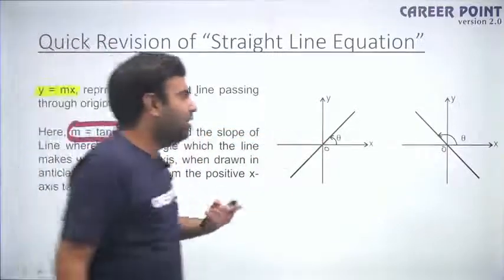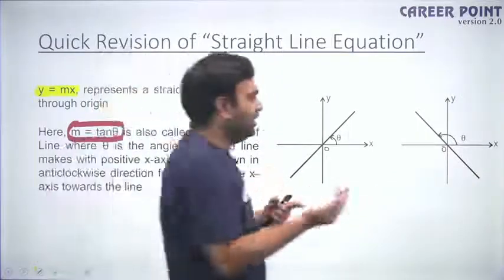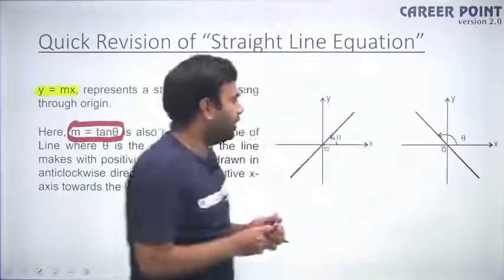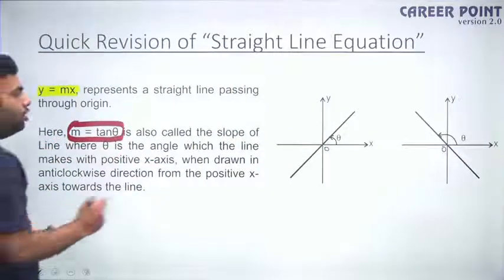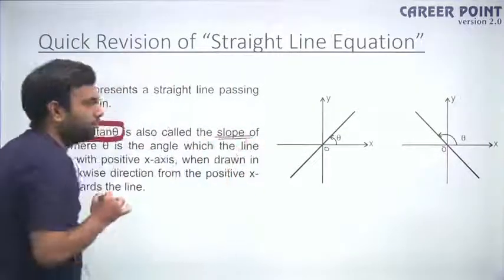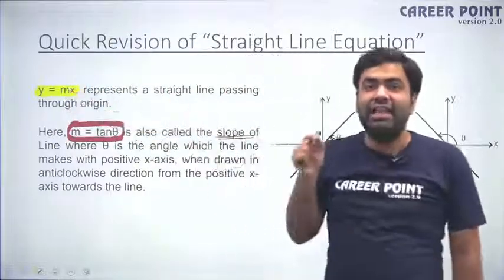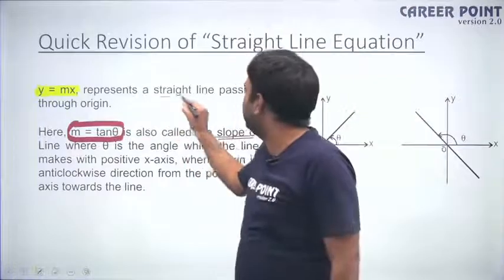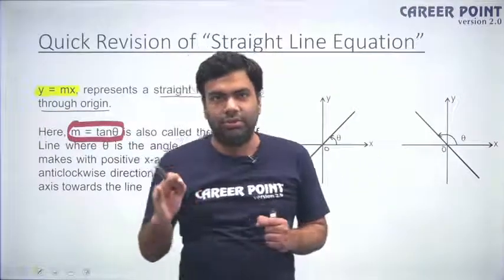That is why if we draw this line, we have to measure from the x-axis again in the anti-clockwise direction. So tan theta is m, and m is also known as slope. So y equals slope multiplied by x is the equation of a straight line passing through the origin. This you should remember.